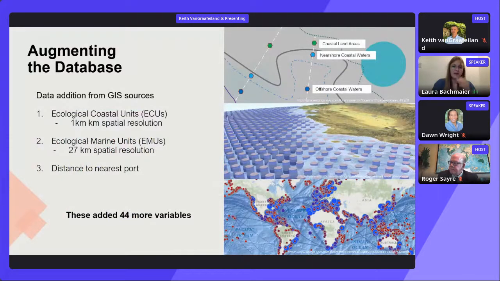And so yeah, this is where the ECUs came in. And actually not only those, but I ended up using 3 products from Esri: the ECUs, the EMUs, and an ArcGIS web map with data on global shipping ports, which I used as a proxy for level of disturbance, so distance of a seagrass site to the nearest port. But the ECUs were by far the most critical addition, not only because they focused on coastal areas, which is where all seagrass meadows exist, but also because of their high spatial resolution.